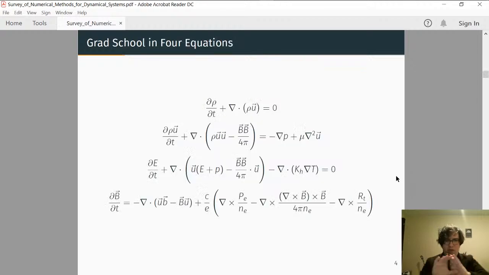But I want to just flash out essentially my grad school experience in 4 equations, right? This is a subset of the set of equations, but the main thrust of the set of equations that I modeled as part of my dissertation, right? And so I looked at these equations, and I solved them for certain conditions.